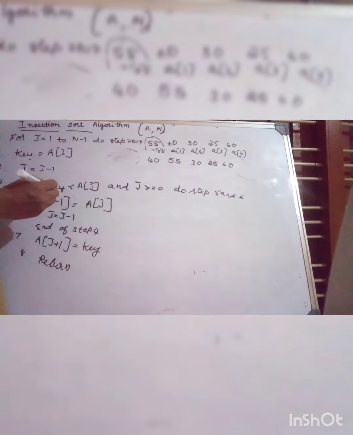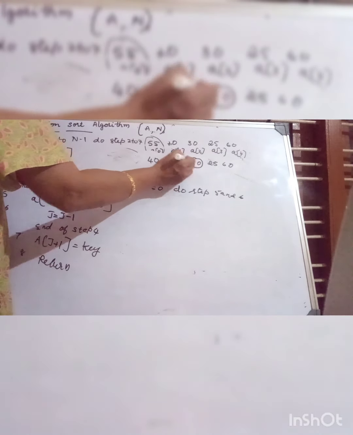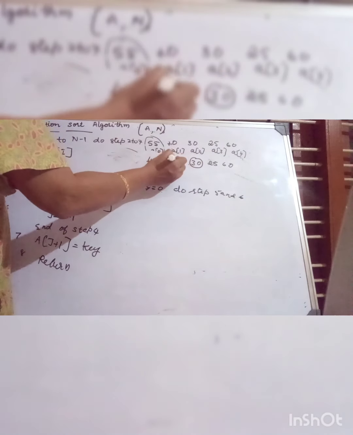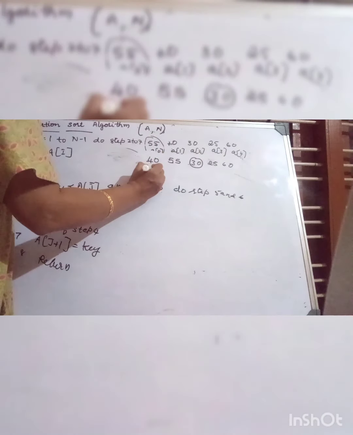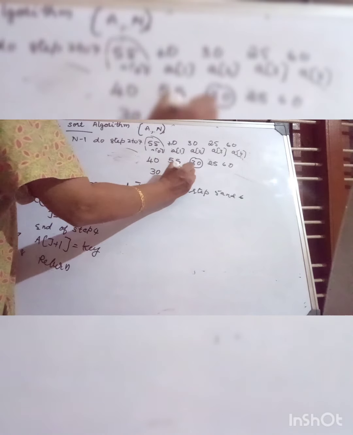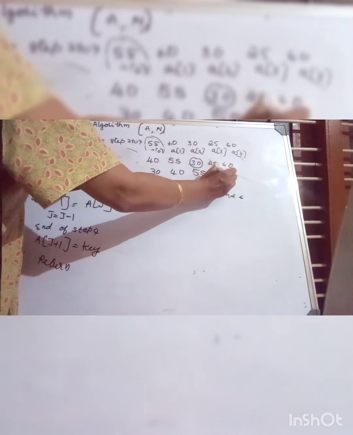This is how it will be arranged. Next, element 30 is compared with 55 and 40. Since 30 is less than 55 and also less than 40, it takes the first position. Then the other elements become like this.